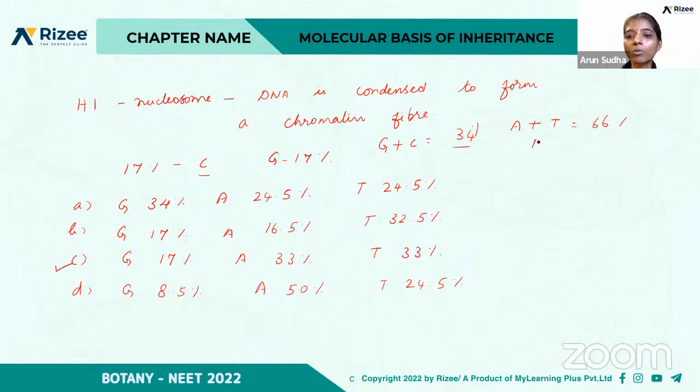So A will be 33% and T will be 33%. Clear? So you have to be clear to calculate these types of problems. Okay, so C is the right answer. That is G is equal to 17%, A is equal to 33% and T is equal to 33%. So clear?